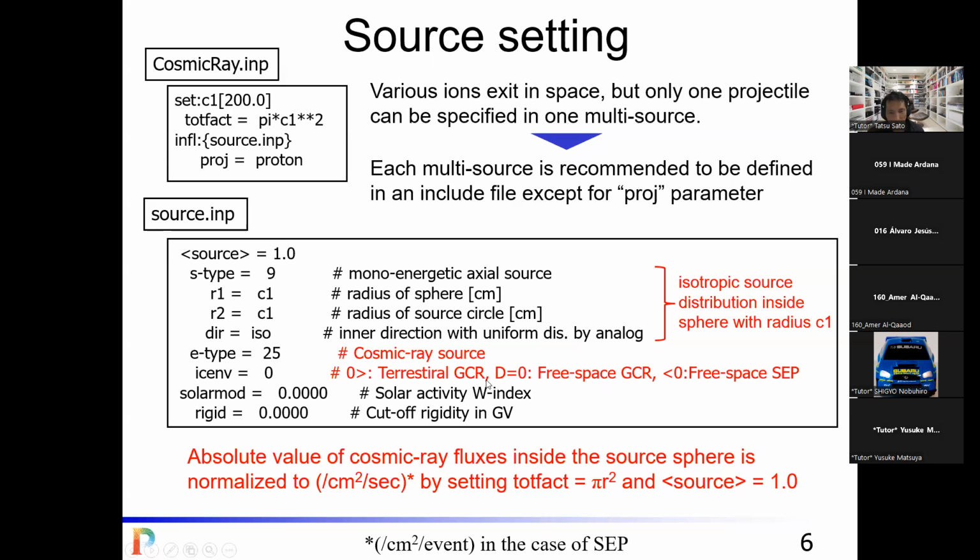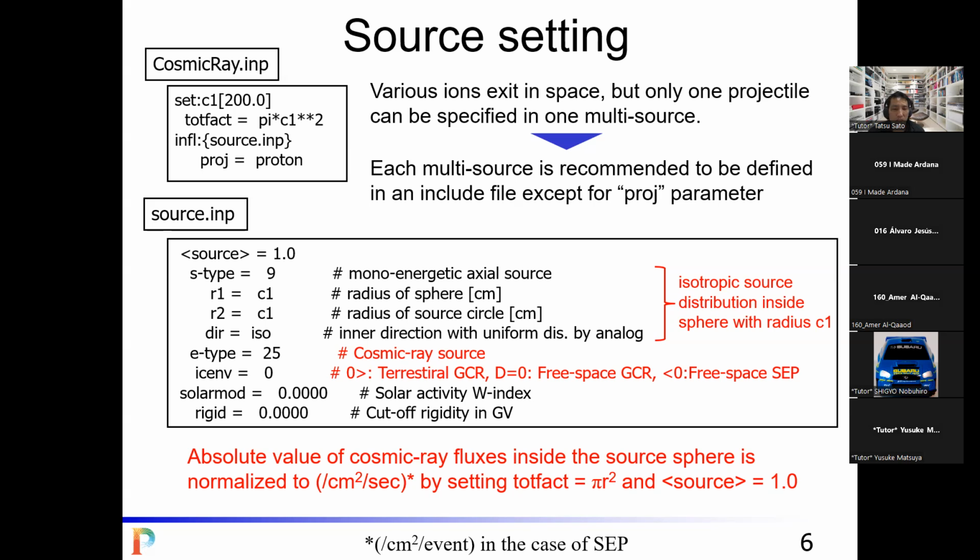A positive number is terrestrial cosmic ray, so you can reproduce atmospheric cosmic rays using a positive number. If you set a negative number, you can estimate the free space SEP. And trapped proton is also a negative number, but I forgot the exact number. You can check it in the manual.